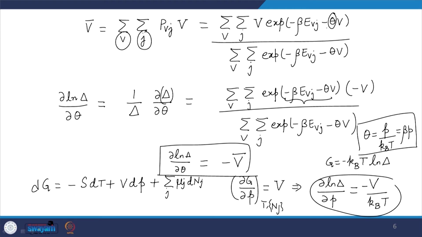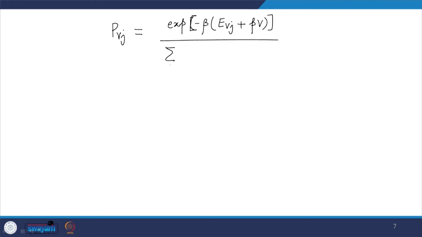So, therefore, if I go back here, I can now replace theta with beta p, and therefore my p_vj can be set equal to exponential of minus beta multiplied with (E_vj plus pV), divided by summation of v, summation of j, exponential of minus beta multiplied with (E_vj plus pV).